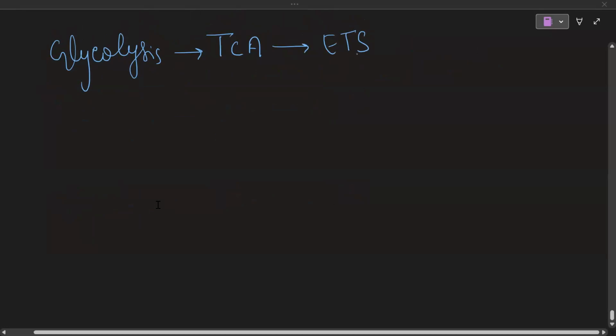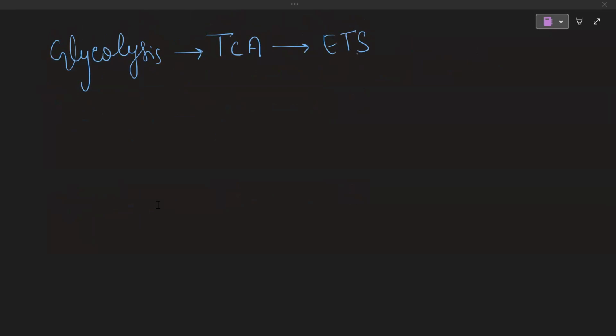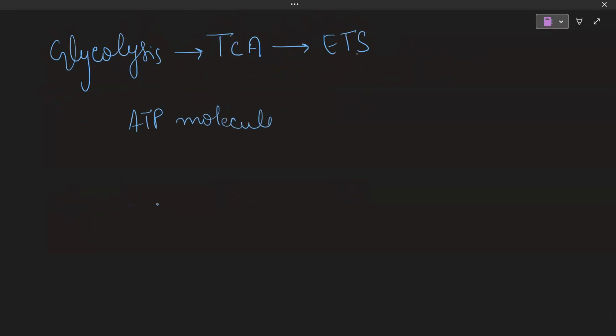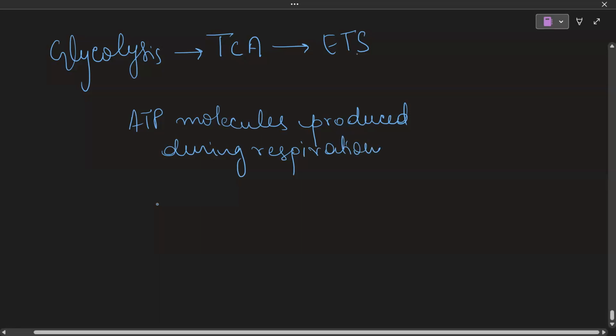Now, let us move forward and look at what we will be making. The heading goes: ATP molecules produced during respiration.